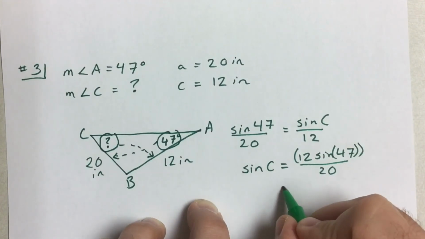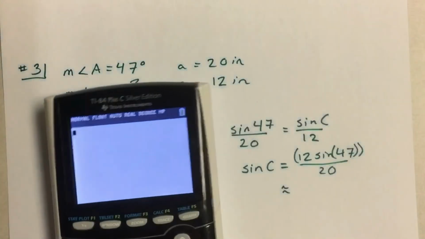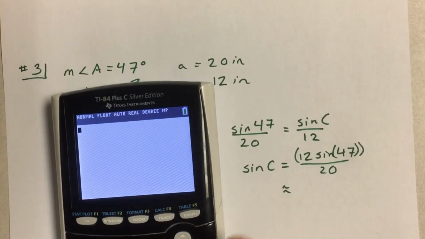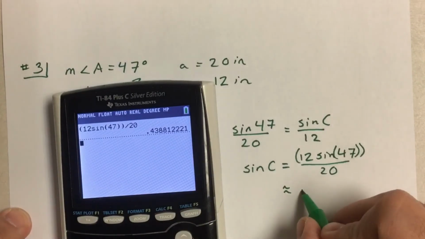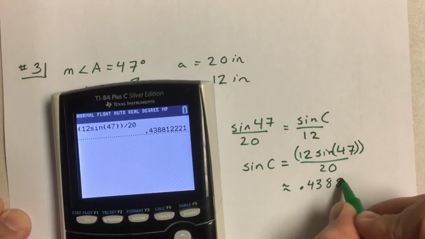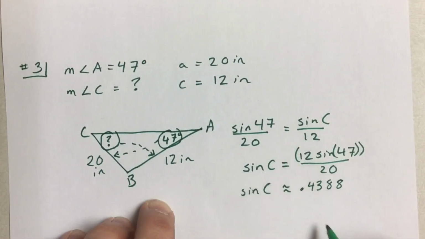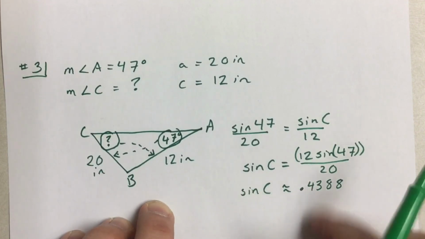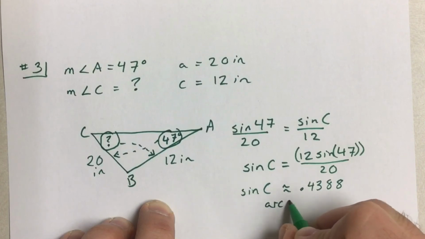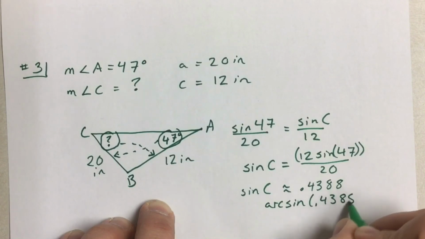Okay. We place this into the calculator and we get approximately, let's see, 12 sine of 47 divided by 20. We're getting 0.4388, okay, but that is the sine of C, meaning that we need to find the angle measure that gives us this ratio, so that leads us to saying, oh, it's arc sine of 0.4388.